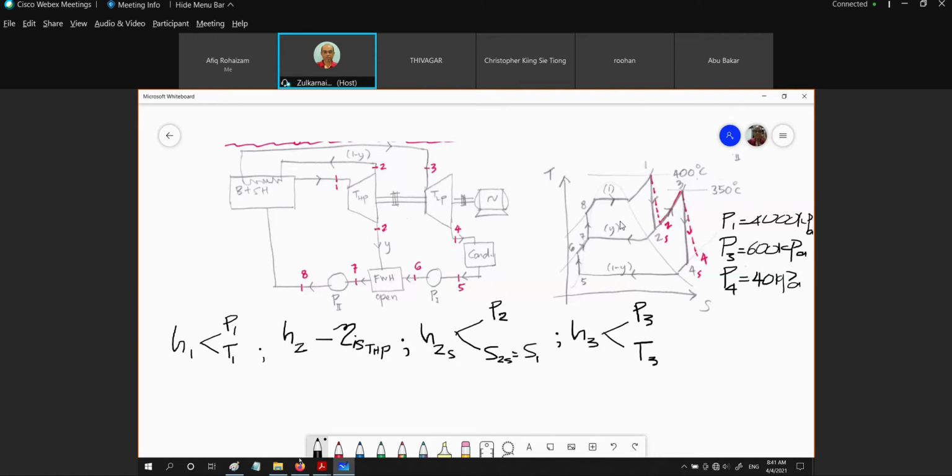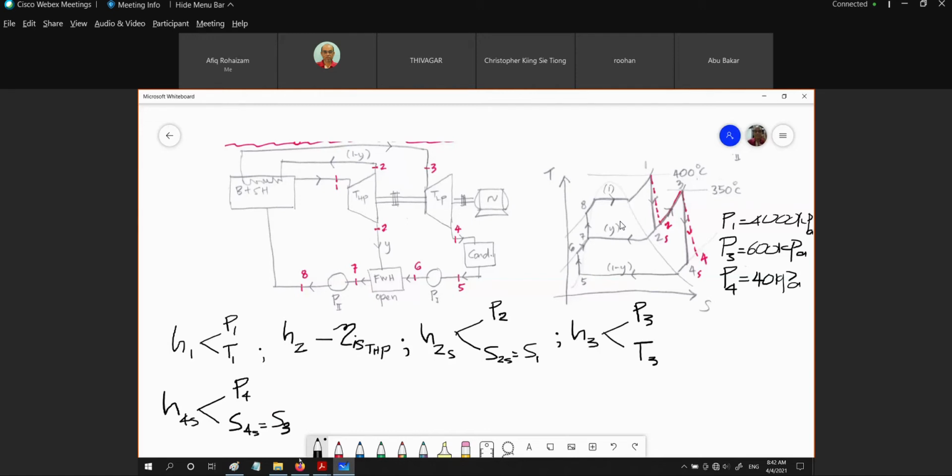After that, we are going to get H4S. In order to get H4, we need H4S first. So what is H4S? H4S is based on the pressure P4 and also the entropy S4S, which is equal to the entropy of 3.